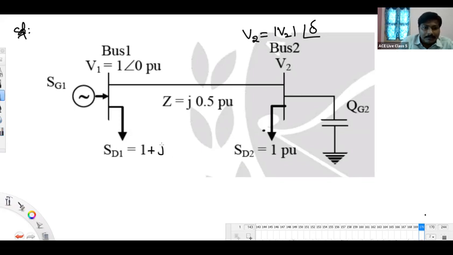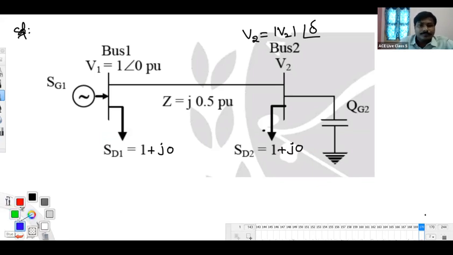So I'll write this as 1 plus j0 per unit. Similarly, SD2 complex power is 1, so you can write it as 1 plus j0.